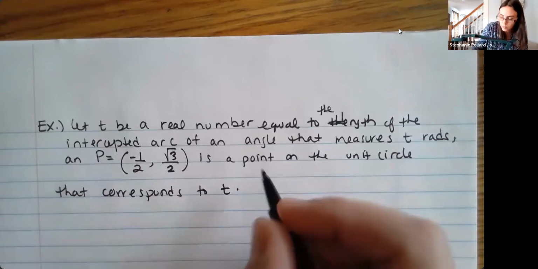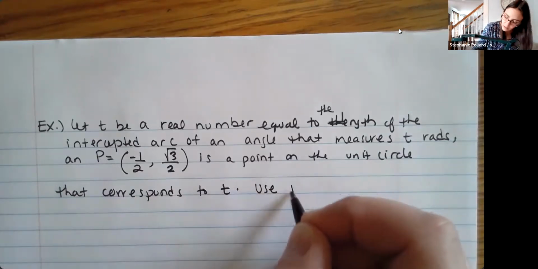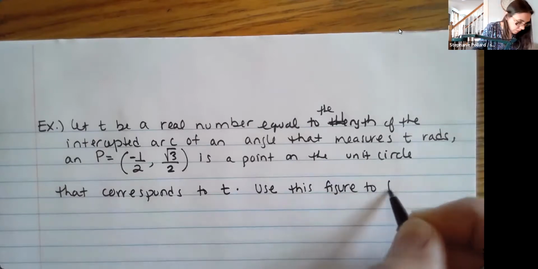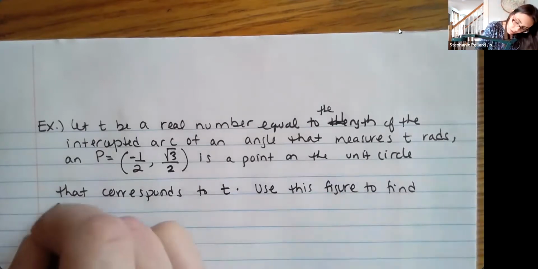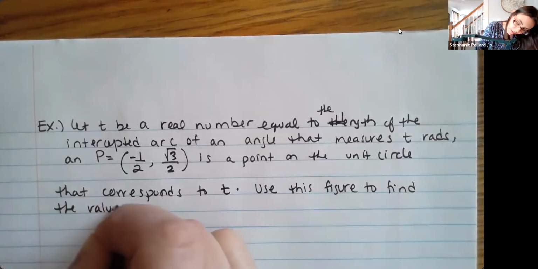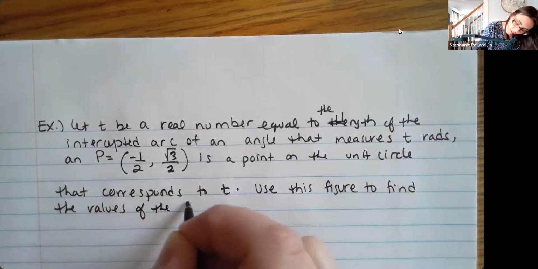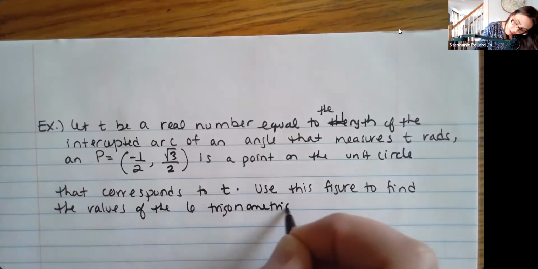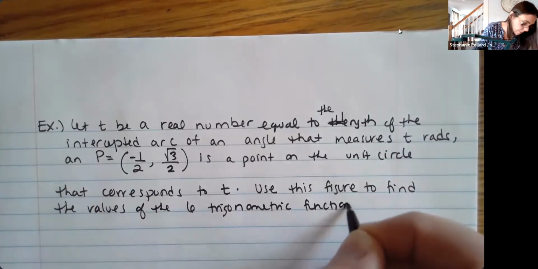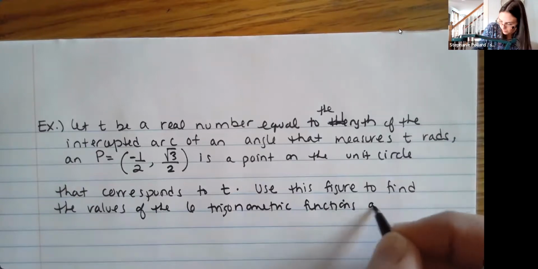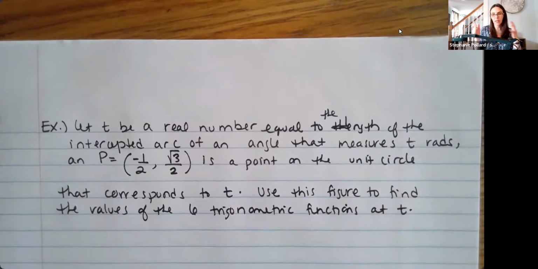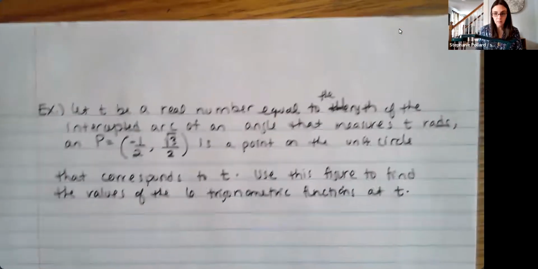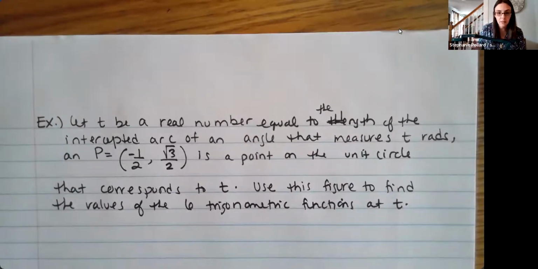And what we're going to do is use this figure, which I'm going to draw for you in a second, to find the values of the 6 trigonometric functions at t. All right, so the first part is really kind of confusing to read, but all they're saying is this. So you have a unit circle. All right, so let's draw that first.